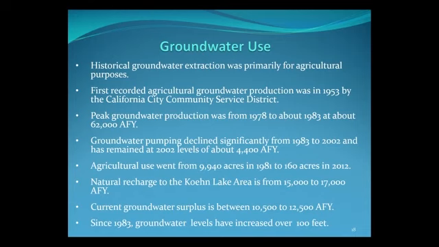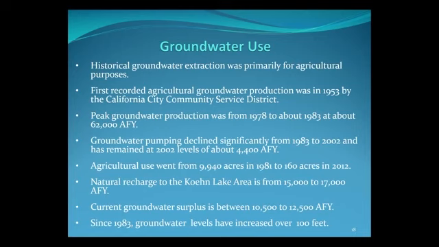Historical groundwater extraction was primarily for agricultural purposes in the Fremont Valley, first recorded in '53. Peak groundwater production was about 60,000 acre feet. Today, the groundwater use is about 4,400 acre feet. Agricultural use went from 9,000 acres down to 160 acres.